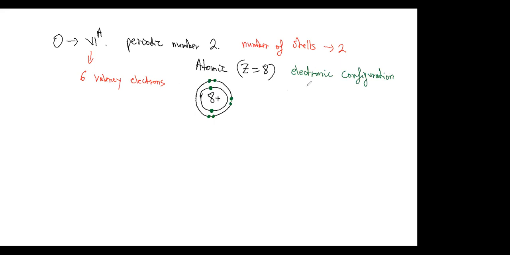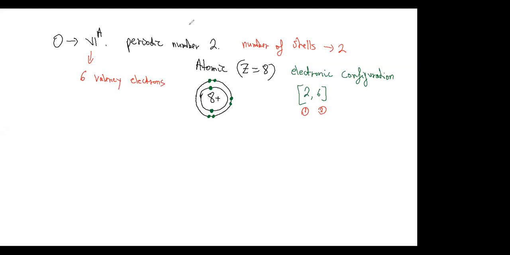For the oxygen, we can write simply 2 and 6, which says that the first shell has 2 electrons and the second shell has 6. If we count the number of shells here, it would have 2 shells. The first shell, 2 electrons, and the second shell, 6 electrons. That's why the periodic number for the oxygen is 2.